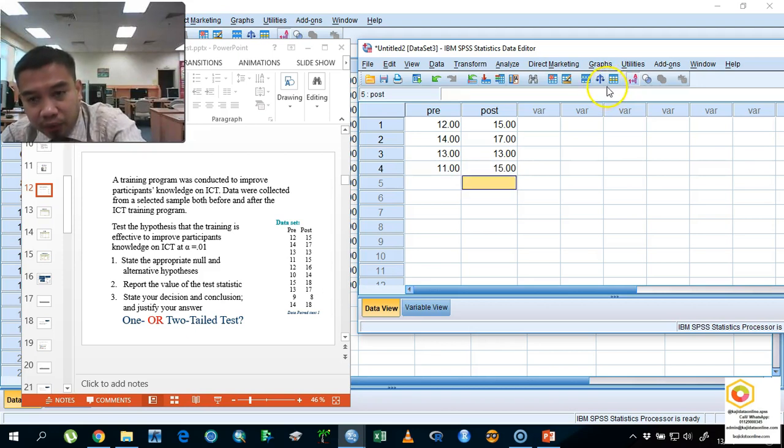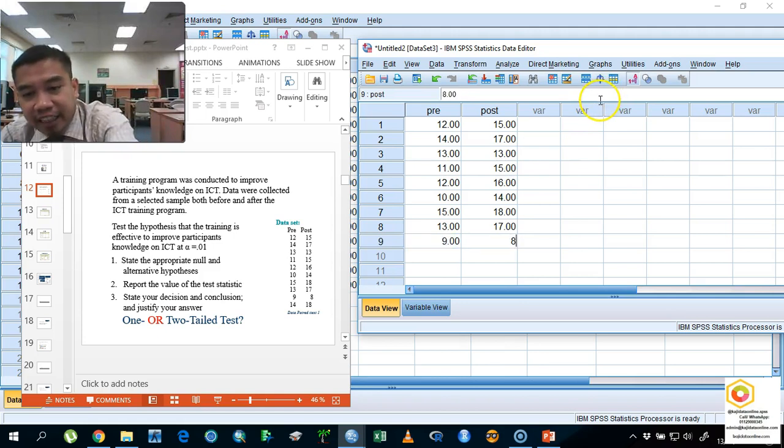After that is what? 12, 16. 12, 16. After that is what? 10, 14. Okay, after that 15, 18. After that 13, 17. And then after that is 9, 8. And then 14 and 18.